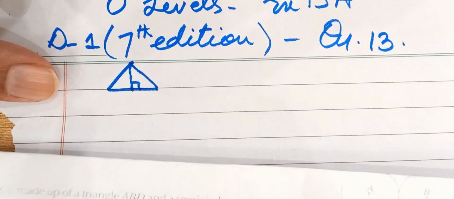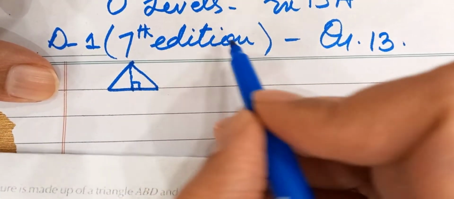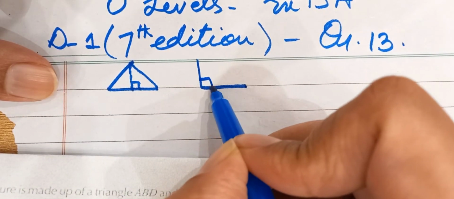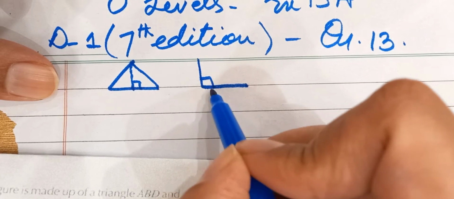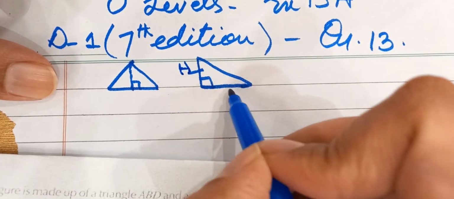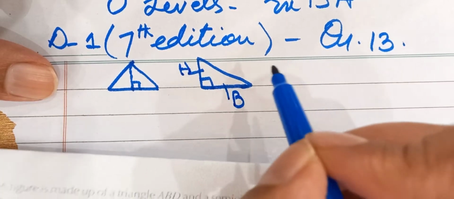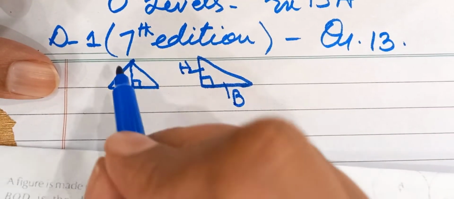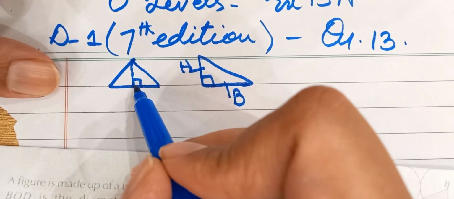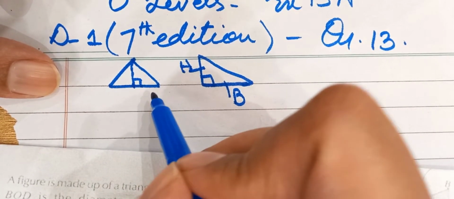Otherwise, if it's a right angle triangle where these two lines make an angle of 90 degree, this line is height and this line is base. Height is always straight, it is always perpendicular, it makes an angle of 90 degree with the base.